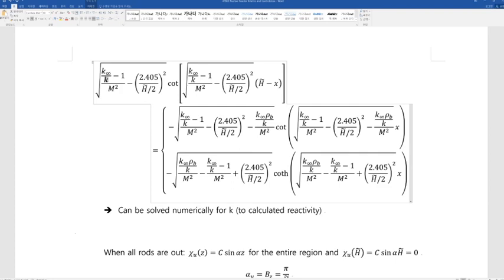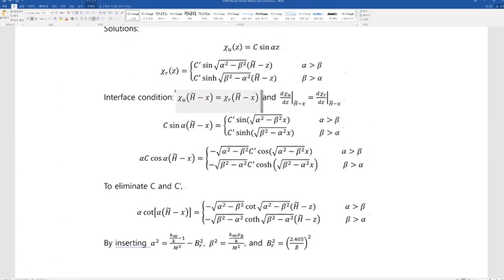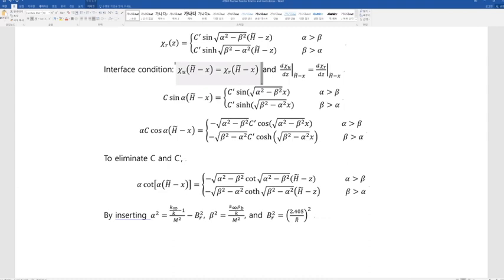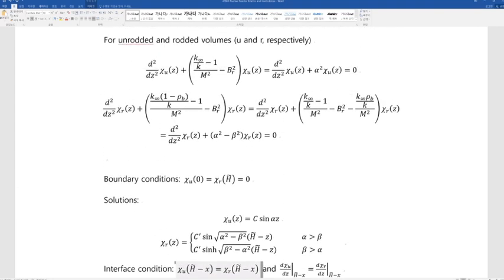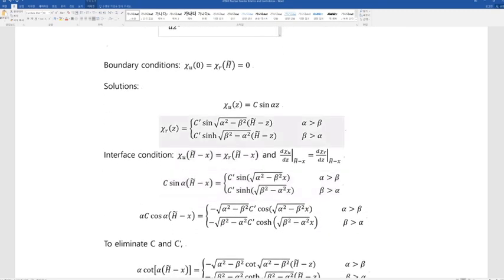After we solve the equation, this k will determine alpha squared and also beta squared. And by determining alpha and beta, we will be able to calculate the shape of neutron flux in the unloaded and loaded volume.